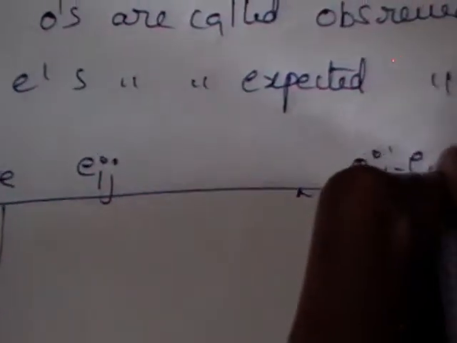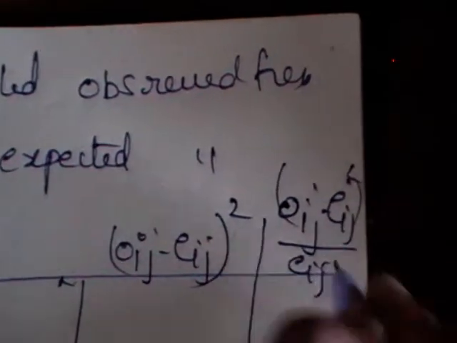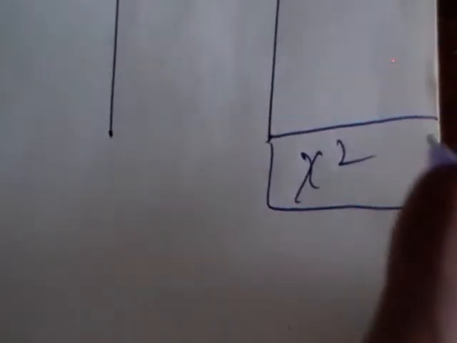You should calculate Oij minus Eij whole square. And the last column is nothing but Oij minus Eij whole square by Eij. The total of this column is going to give you chi-square. Again I repeat: first you calculate chi-square. Using chi-square you can calculate the mean square coefficient and Karl Pearson's coefficient of contingency.